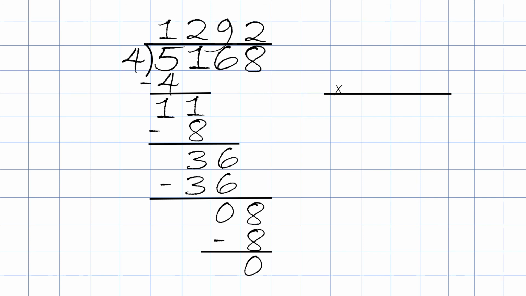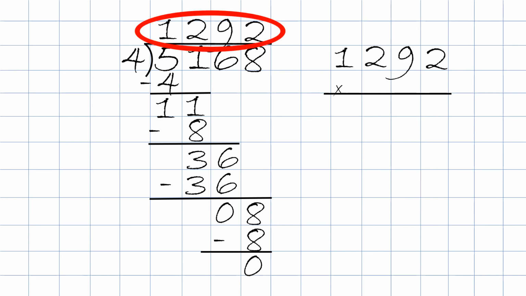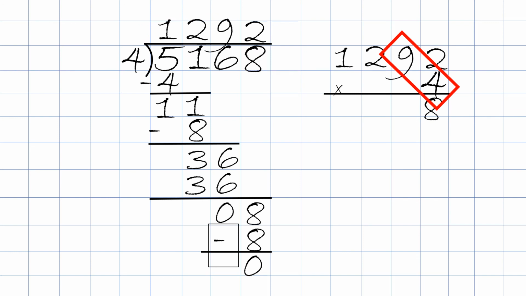Now, to excel in math, we always double check, if not triple check our work. You could always take the calculator and type in the numbers, or you could do it manually. We take the quotient, 1,292, and we multiply it by the divisor. So 2 times 4 will be 8. 9 times 4 will be 36.